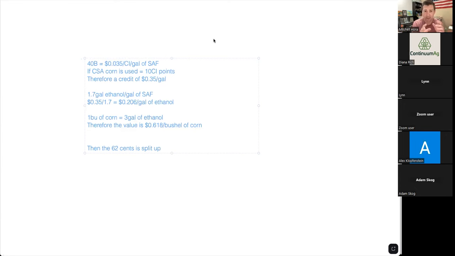That's utilizing this bundle approach of bundling cover crop, no-till, and enhanced efficiency fertilizer, and only allocating 10 CI points. In reality, with the GREET model, doing those practices for most counties would lower your CI score by closer to 30 points, which is what it's done on my farm.